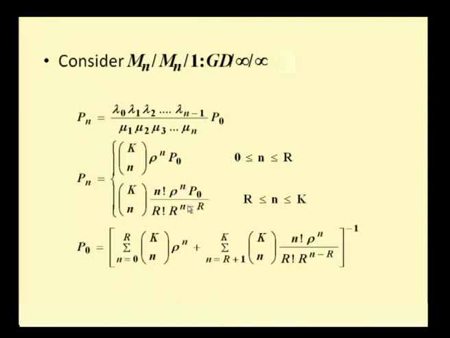So we use the normalizing condition and obtain P naught as sigma n equal to 0 to r of Kcn rho power n, plus sigma n equal to r plus 1 to k of Kcn n factorial into rho power n by r factorial into r power n minus r, the whole inverse. We will try to get these expressions now.